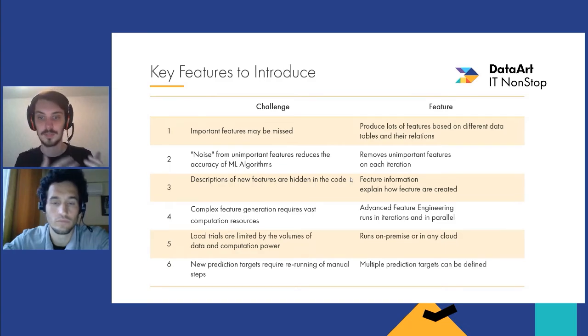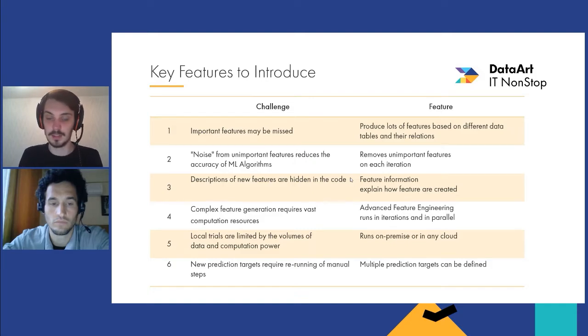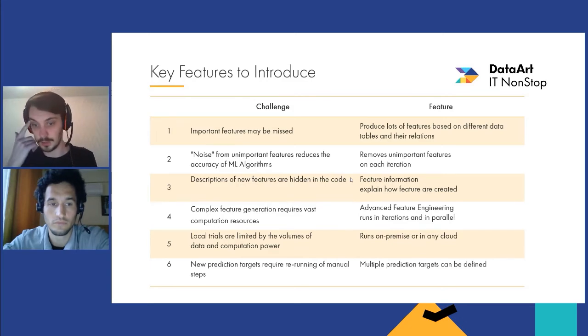And this feature engineering, this whole solution should be run in iterations in parallel, and it should be run on clouds, in any cloud, and on premise actually. And the targets which can be defined in the beginning of our tool should be easily changed, so that the business can just select another target or select multiple targets and get the best data sets for predicting those targets.